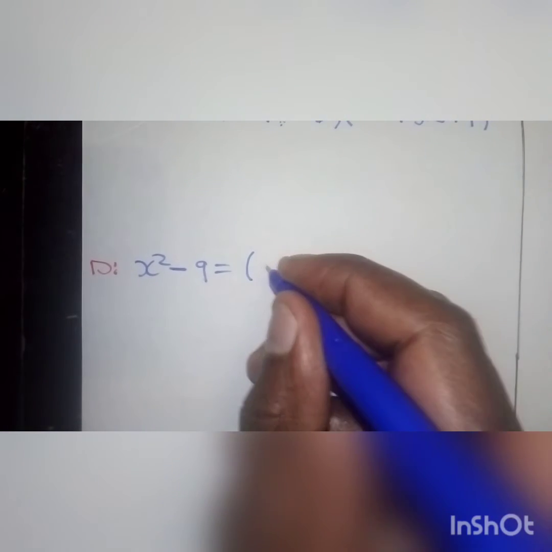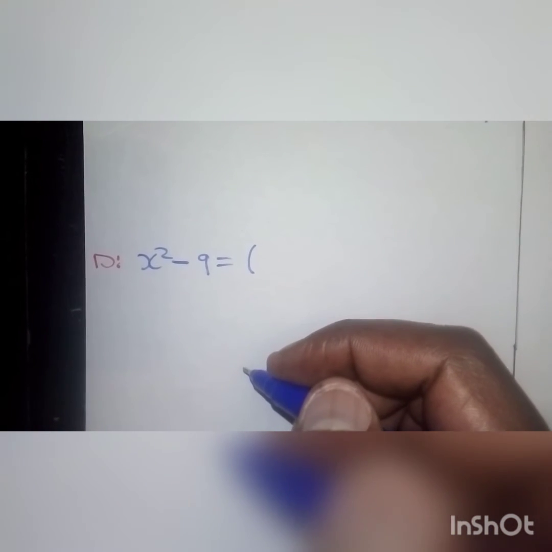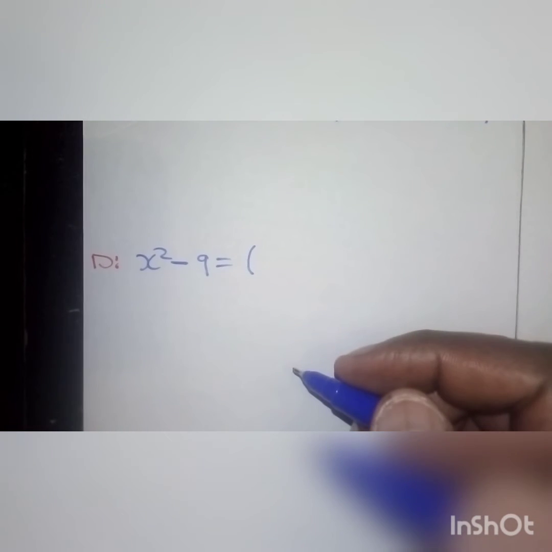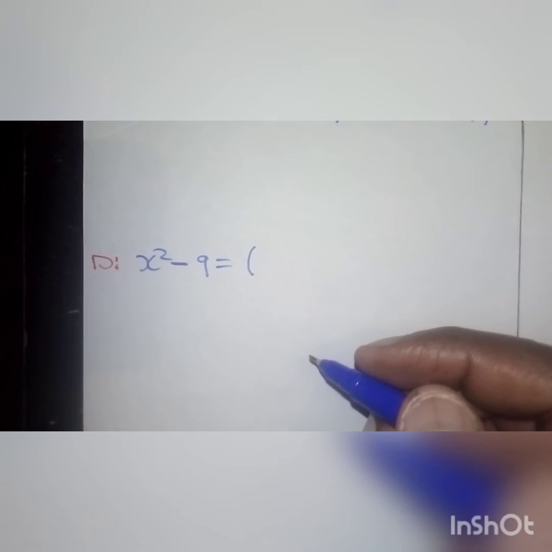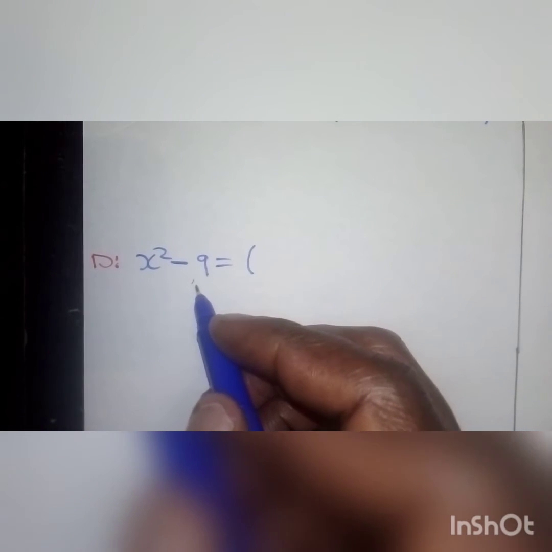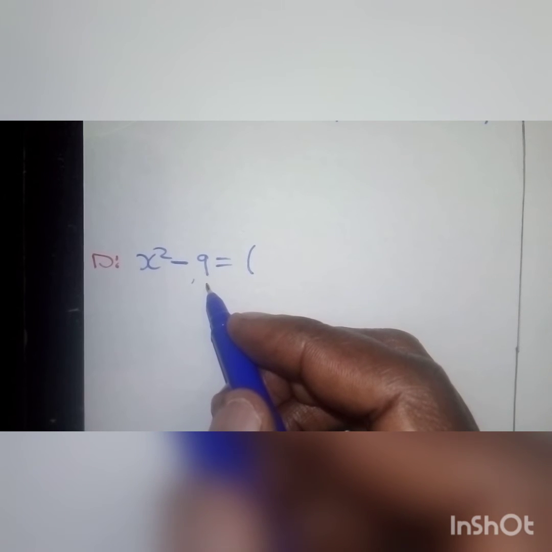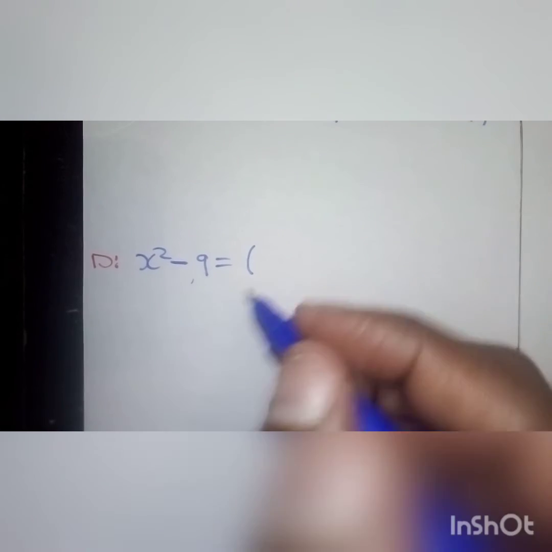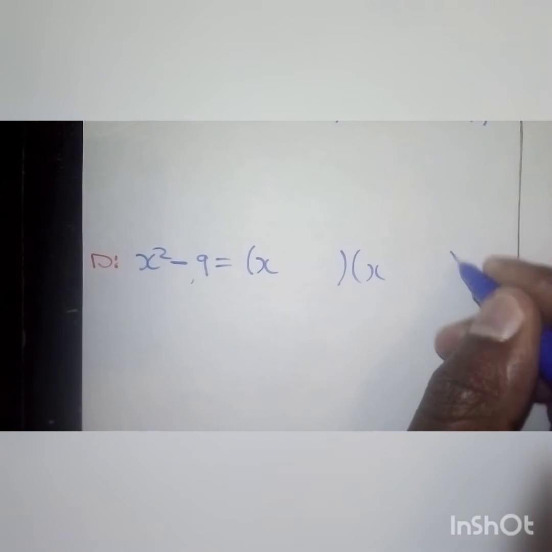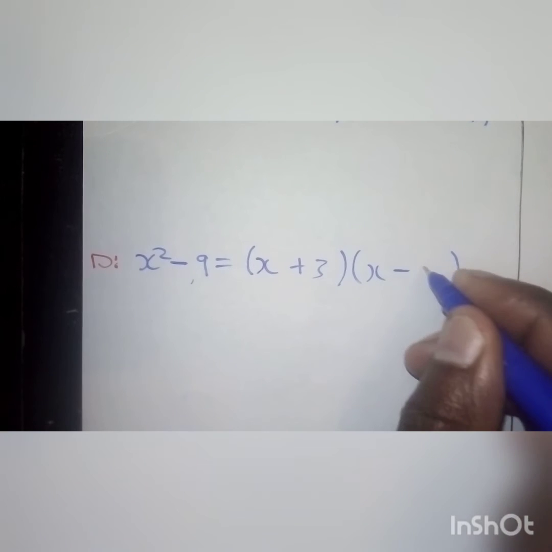So we have positive 3 and negative 3. Positive 3 multiplied by negative 3 gives negative 9. Positive 3 minus 3 gives 0. So we substitute x, but our factors are positive 3 and minus 3.